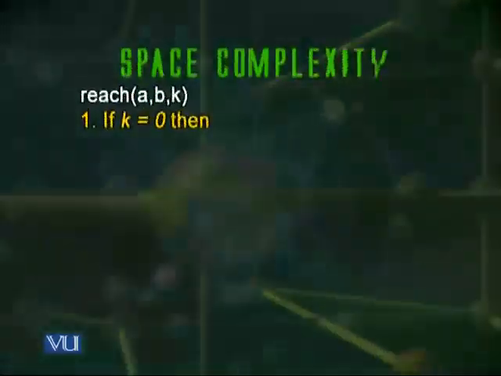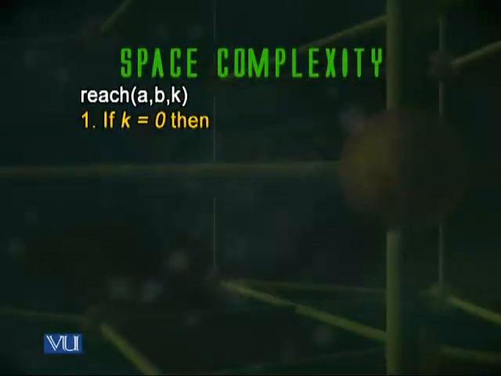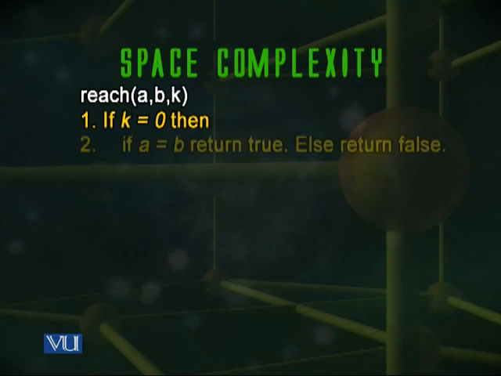So k is an extra added parameter. It is controlling the length of the path that you're looking for. So if k is equal to 0, then this problem is extremely easy to solve. All we have to do is check if A is equal to B and return true, otherwise return false.